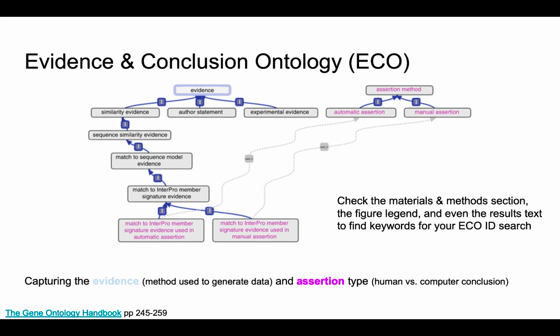And when you are searching for ECO terms, usually these come out of either the materials and methods section or the figure legend. Sometimes the figure legend doesn't really tell you what they did or how they did it, so then you have to go to the materials and methods.